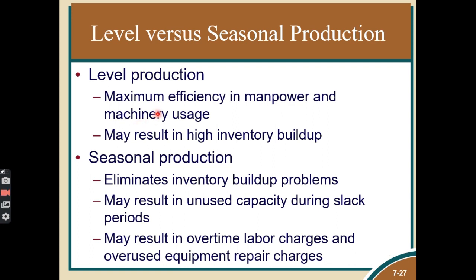Okay? The downside there is you're going to have higher inventory during the lean seasons, but then it will be consumed later on during the peak season. Okay? So, this is the level production.